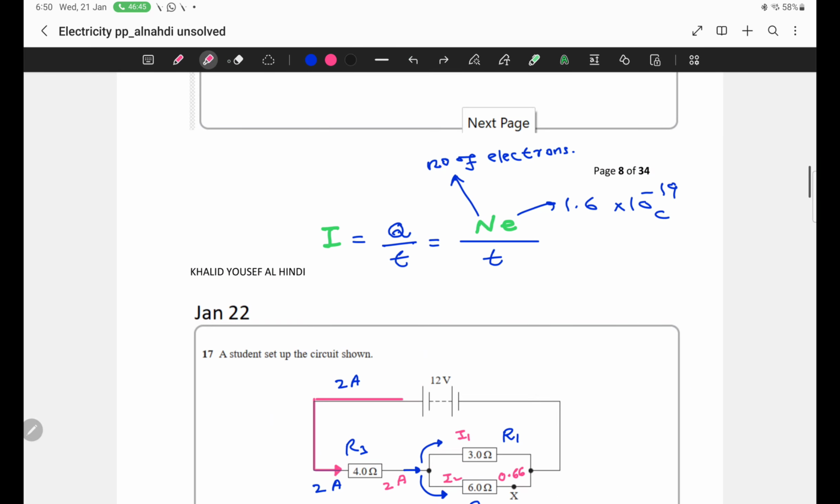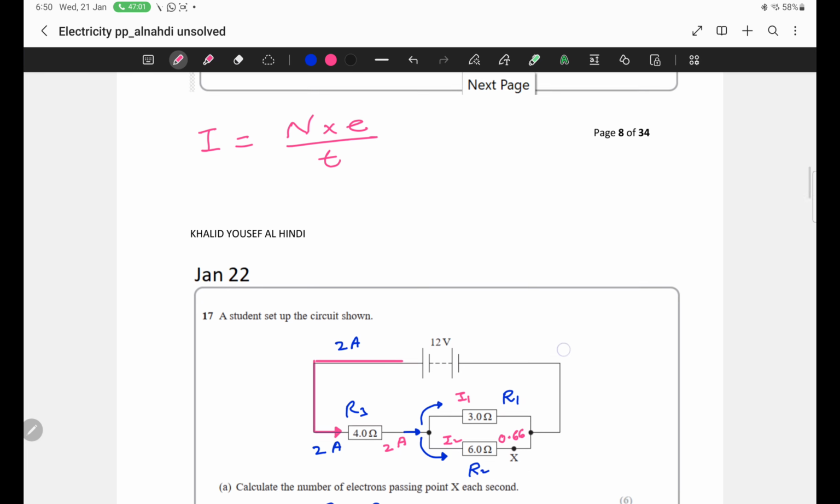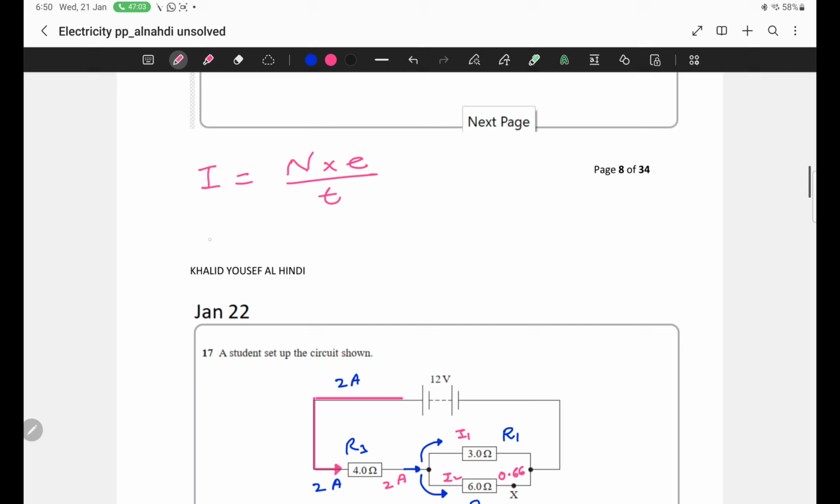So I'm going to use this formula. This is the last part of the question. The formula is I equals n e divided by time. Current we have calculated. Sir, current is 0.66.